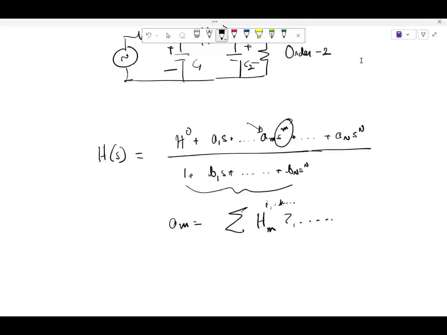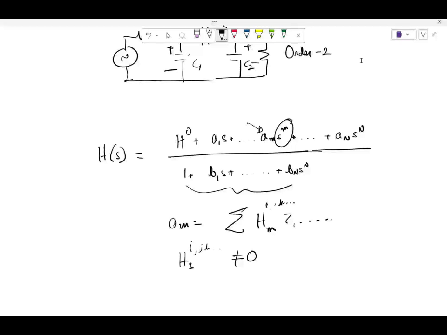So in other words, just to take an example, if I have a network where I can set 3 elements to infinite and get non-zero output, then what can I comment on the number of zeros? What I'm essentially saying is that let's say I have a network where H3, then I, J, K, and so on, is not 0.